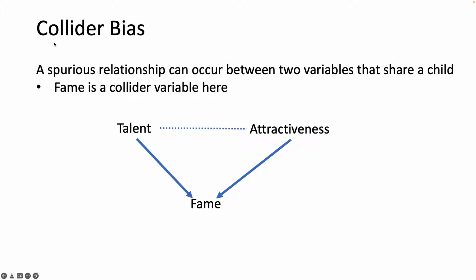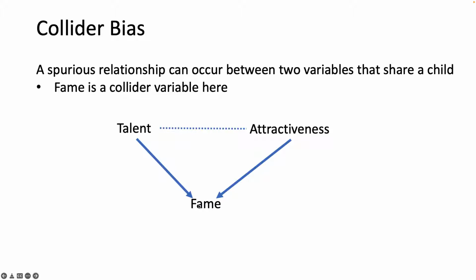So collider bias is something I'm going to talk about now, where two variables have an association only by virtue of having a common child. Let's assume there's zero real relationship between attractiveness and talent.